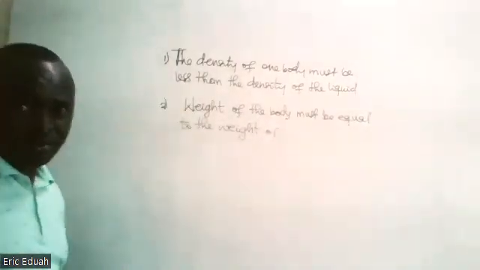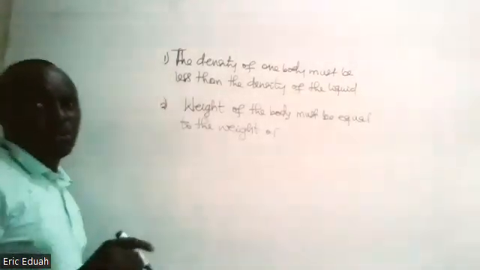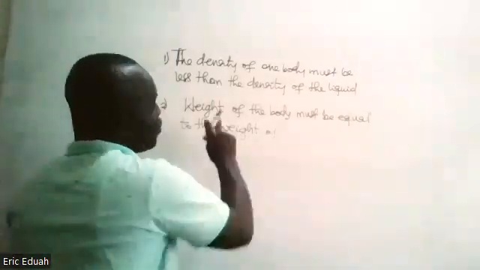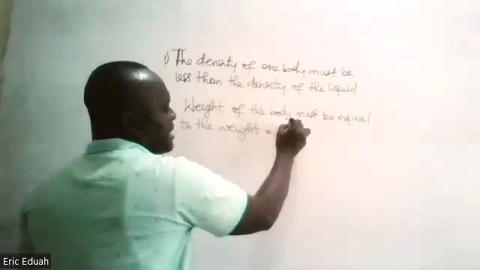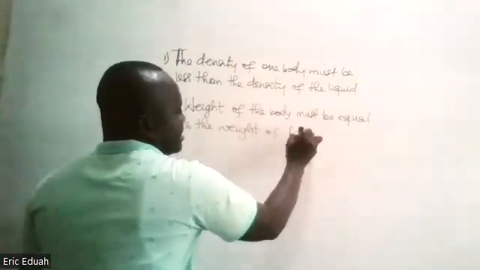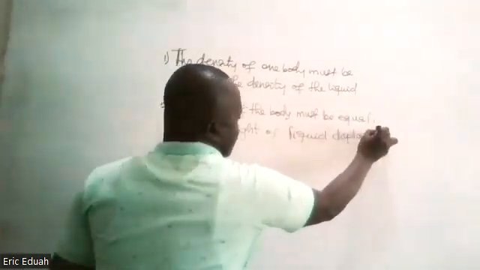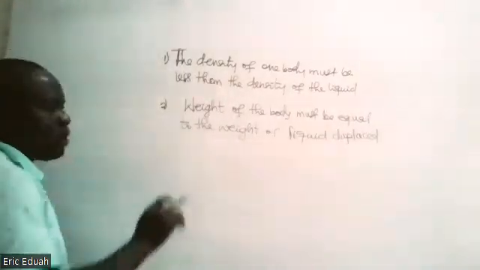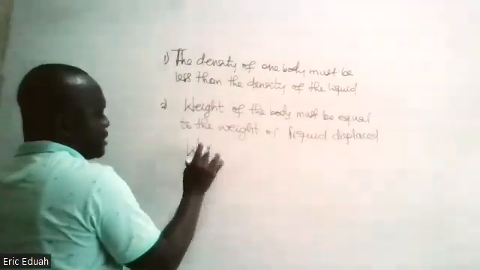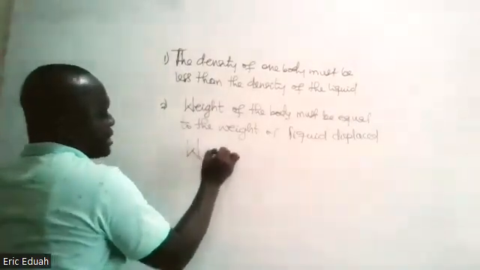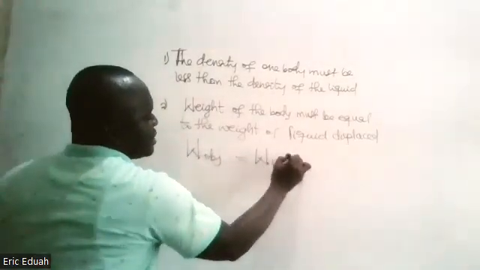Let's use liquid, but we shouldn't forget that fluid refers to both liquid and gas. So the weight of the body must be equal to the weight of the liquid displaced. So when we look at the second condition, the weight of the object must be equal to the weight of the liquid displaced.